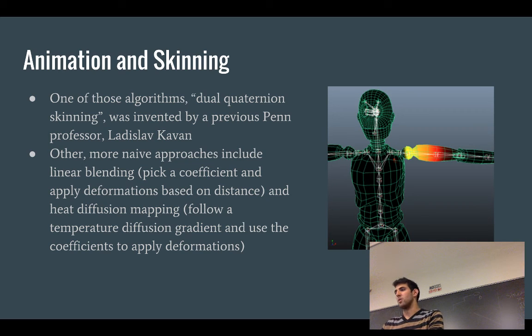But yeah, before I talk about quaternions, the other kinds of algorithms that are used and that are going to be happening in Unreal and Maya and everything else under the hood are either linearly blended skinning or heat map diffusion-based skinning.